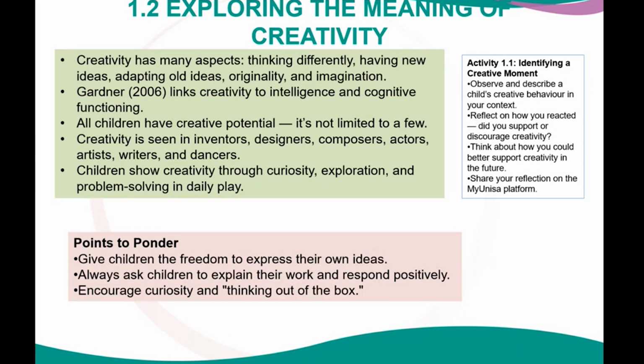So do ask questions. And activity 1 is basically asking you to identify a creative moment, where you think back to your own teaching context, or the next time you interact with young children, you need to consider an example. This is what it means to be a thinking teacher. Identify an example of a child or children demonstrating aspects of creative behavior. And also you need to briefly give the context and describe the incident, and explain why you consider this to be an example of creative behavior.